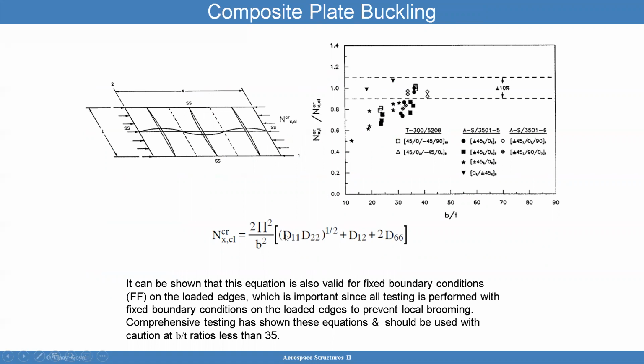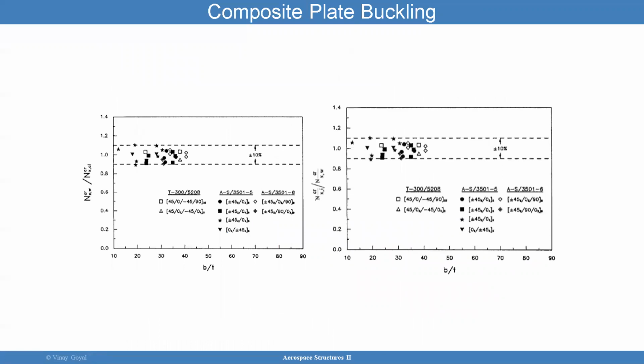Here you see D11, D22, D12, and D66. These are the bending stiffnesses of a plate for composites. These closed form solutions tend to work very well. I invite you to take a look at the Mil Handbook for that and go through it. We won't do that here because these are basically handbook formulas you can find.